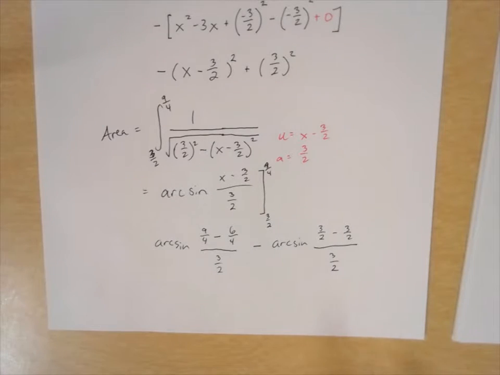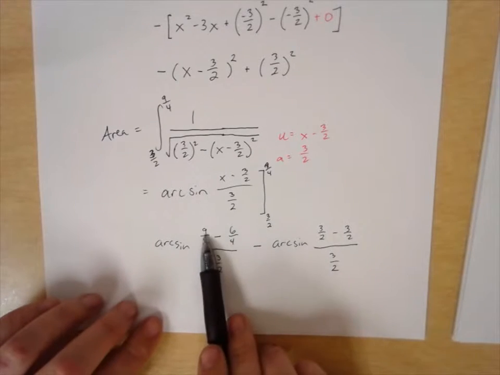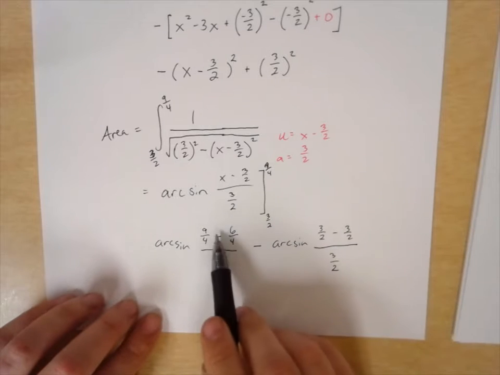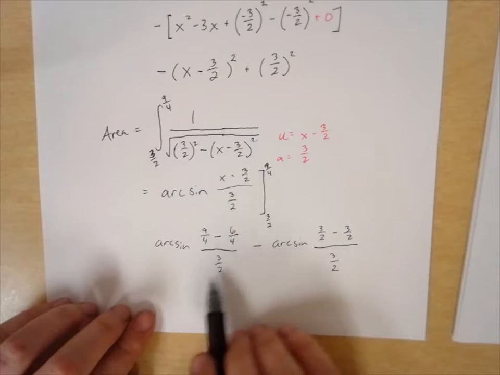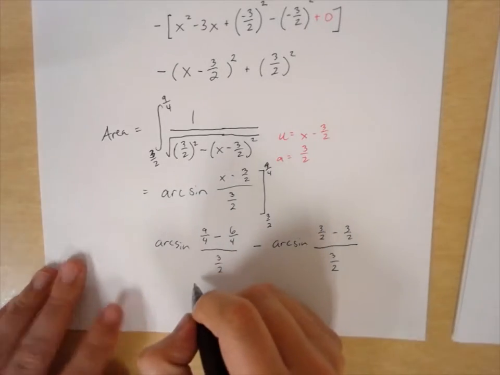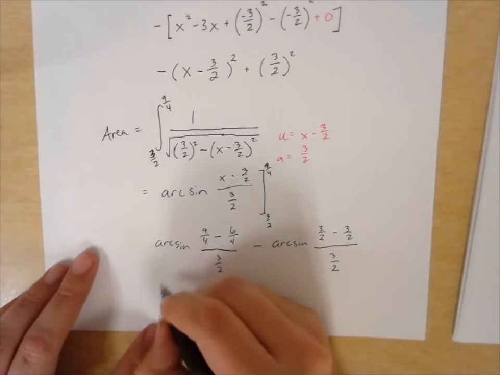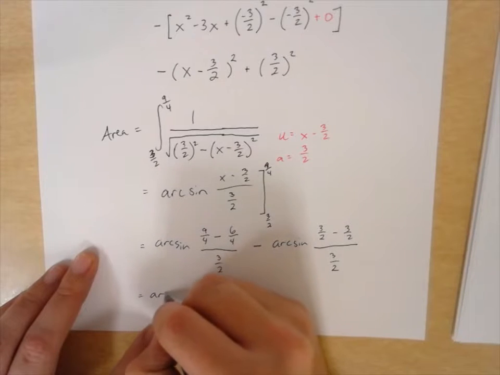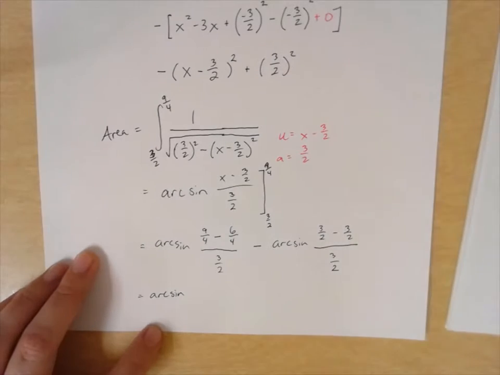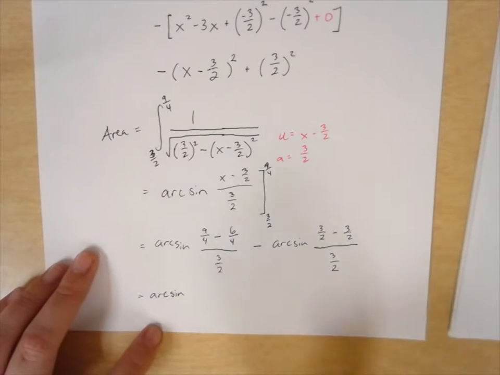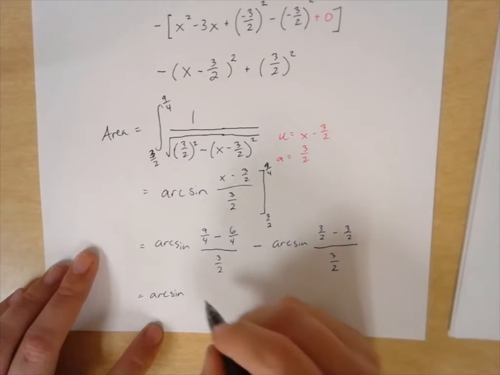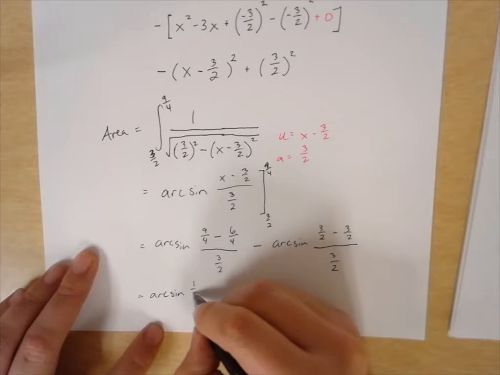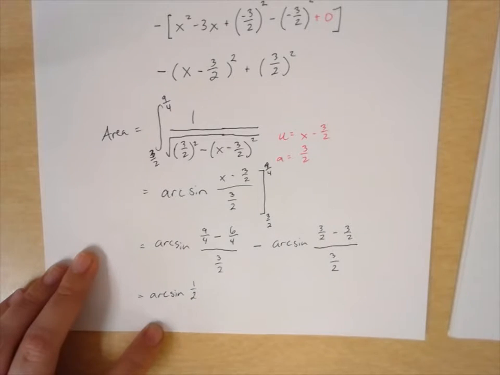And when I start to simplify here, I can do 9 minus 6, which would be 3/4. And then remember, I'm dividing by 3 halves, so I'm doing 3/4 actually times 2/3. So 3/4 times 2/3 is going to be 6/12, and when I do 6/12, it's really just 1/2.